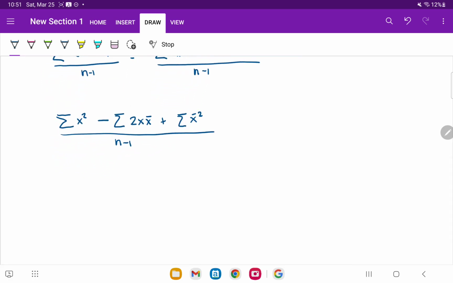Now let's look at the second. I'm going to look at this middle sum. The x bar is a constant, and the 2 is a constant. So here's an example from simpler algebra. If you had 2 times x1 times 5 plus 2 times x2 times 5 plus 2 times x3 times 5, you could factor out the 2 and the 5.